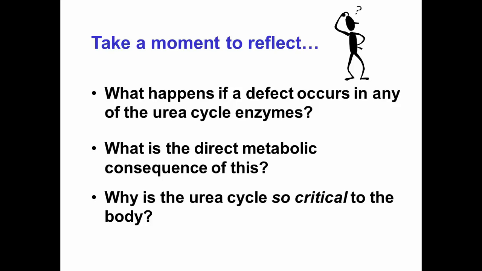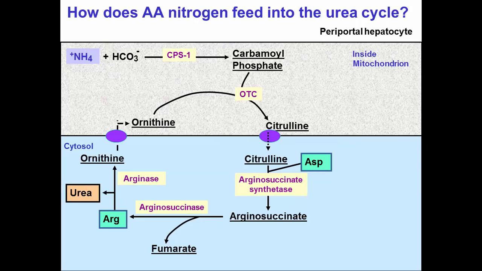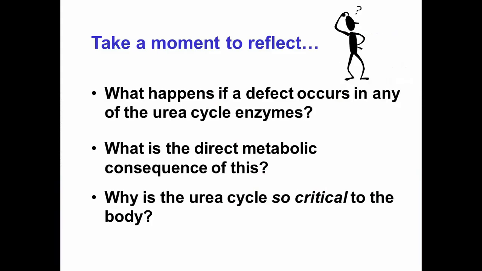So, my questions were probably not worded quite as well as I could have. When we get to more about glutamine metabolism, I'm going to tell you about how we can detoxify ammonia in other tissues that don't have the capacity to make urea, right?